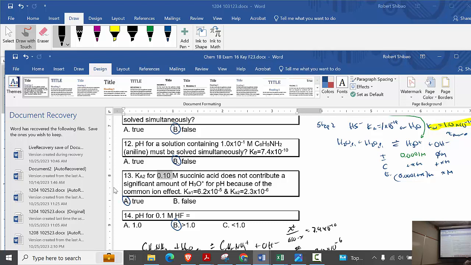The two different things are partial hydrolysis, which is going to cause the concentration to be lower. The main reason why the concentration is not 0.1 molar H3O+ is not because of activities.